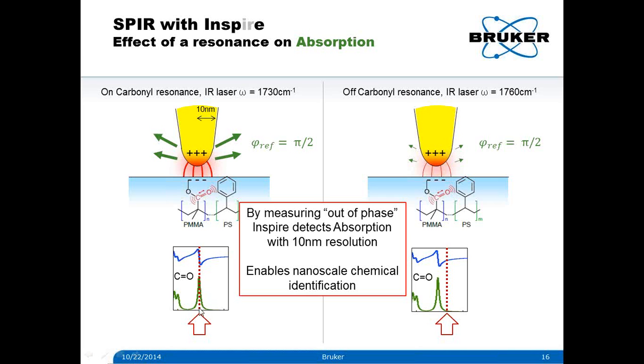On resonance, shown here with our center wavelengths, the green one is the calculated absorption curve, and the blue one is the calculated reflection curve. If we are on resonance, we have strong backscattering. But if we are off resonance, we only have small backscattering. And that is the reason why we can distinguish materials in the absorption in this out-of-phase measurement mode.